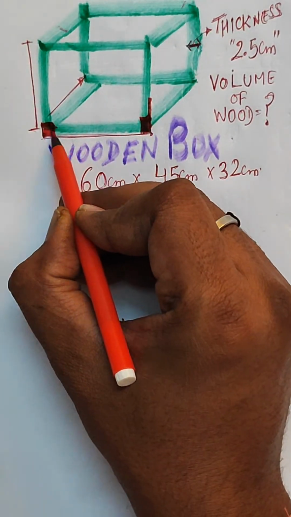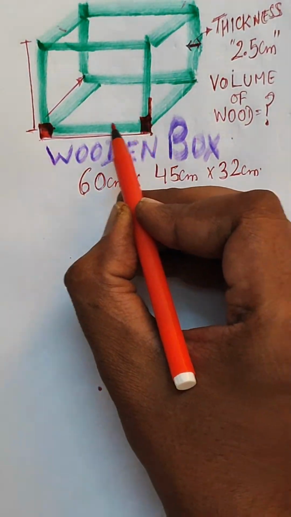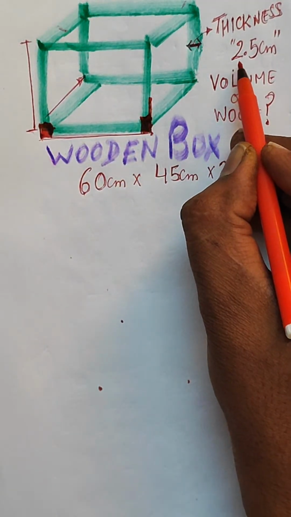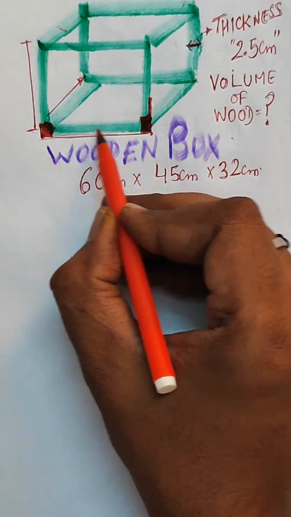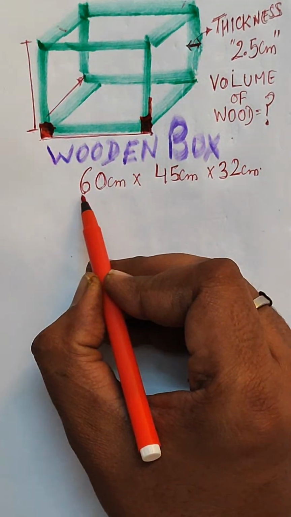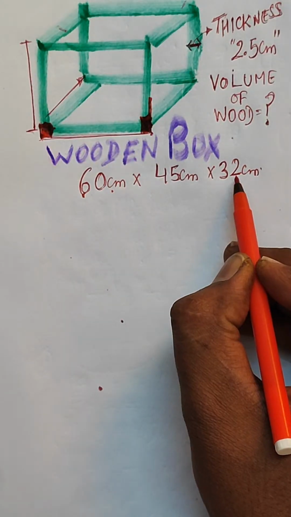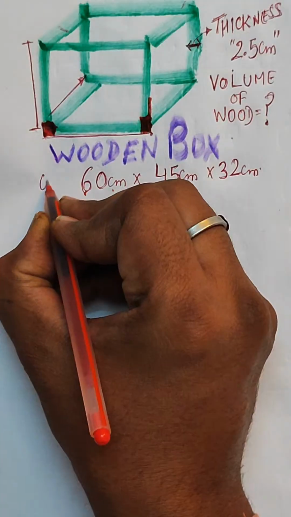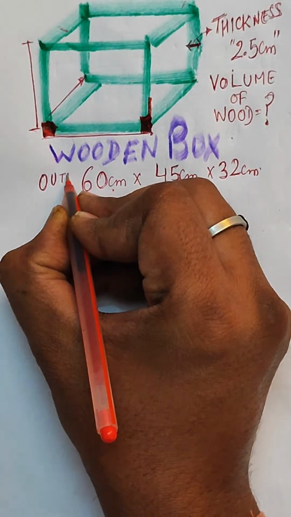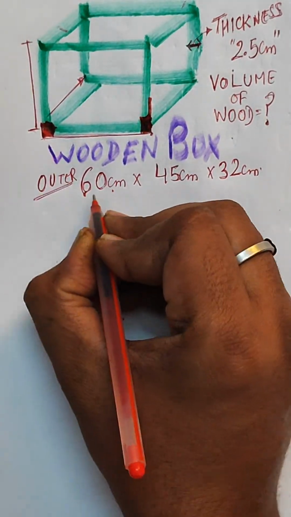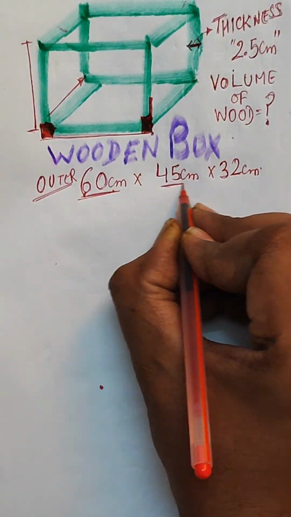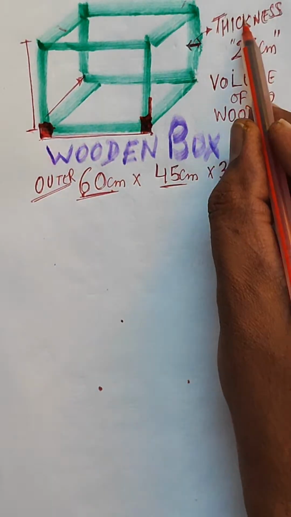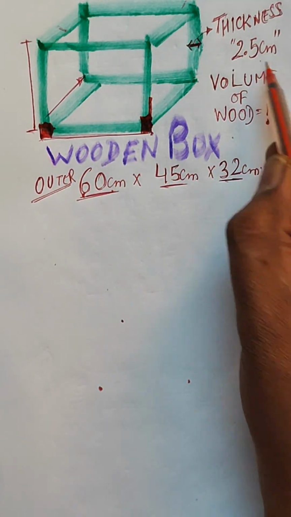If one of the dimensions is considered, then this 2.5 and this 2.5 centimeter of thickness should be considered. This is the outer dimension of the box, 60, 45, 32, and the thickness of the wood is given to you.